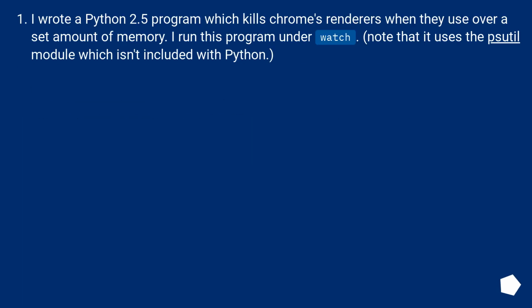I wrote a Python 2.5 program which kills Chrome's renderers when they use over a set amount of memory. I run this program under watch. Note that it uses the sudo module which isn't included with Python.